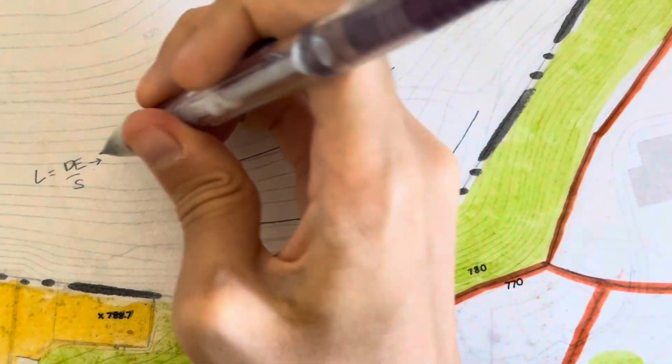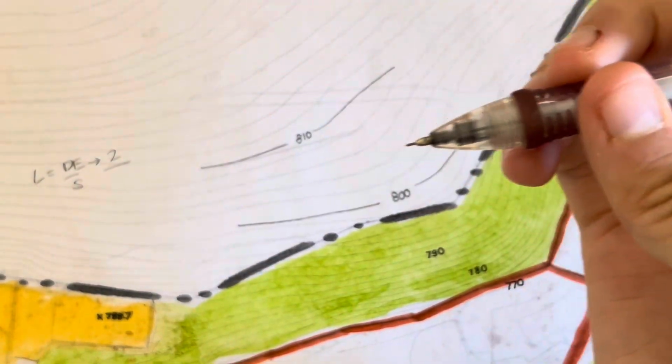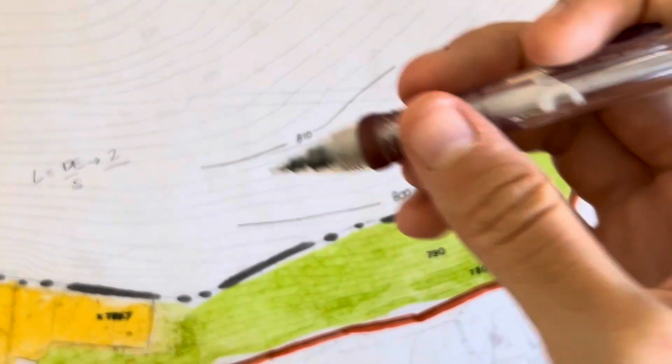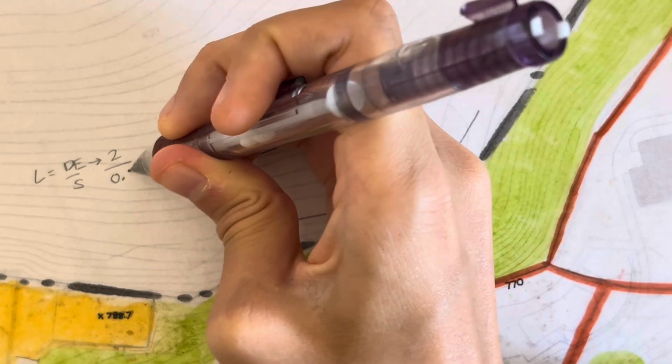So dE is 2. And S will be that goal slope. Since I want it to be ADA approved with no ramps, we'll just say I want it to be 4%, so 0.04.